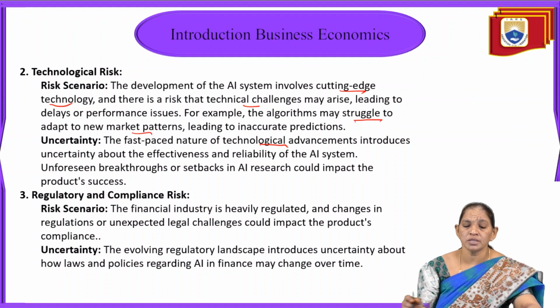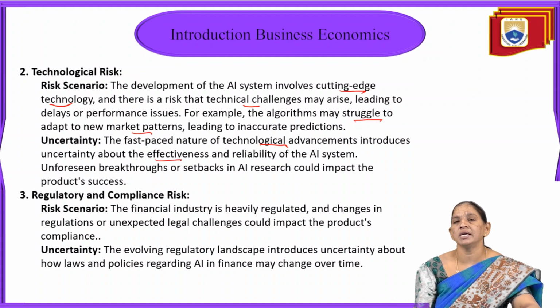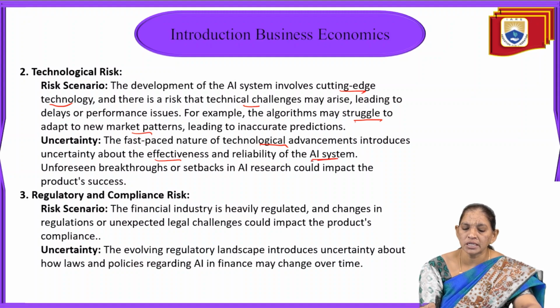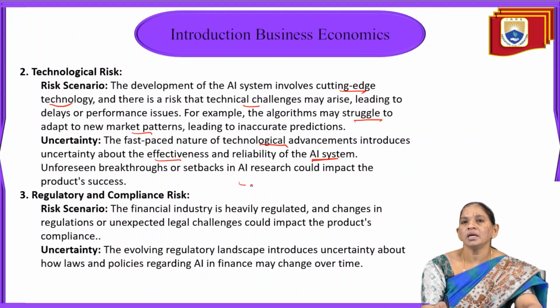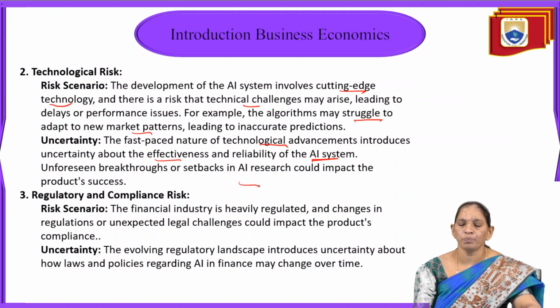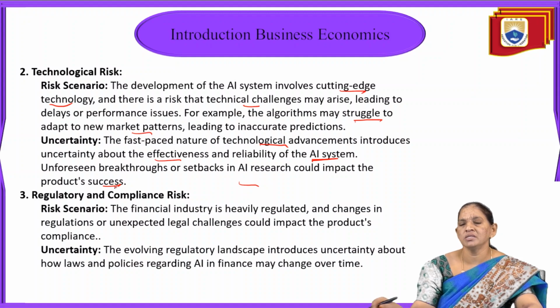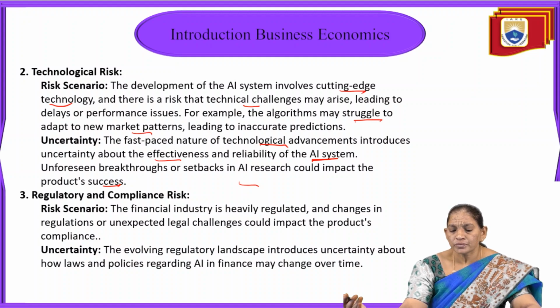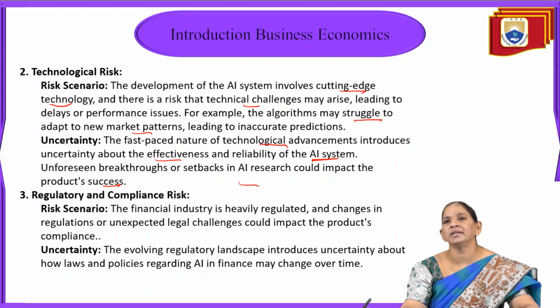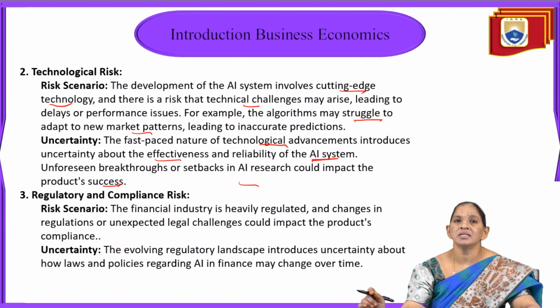When you introduce uncertainty about the effectiveness and reliability of an artificial intelligence system, unforeseen breakdowns or setbacks in AI research have a broader impact upon product success. Technological advances that may not be considered in the real world may be affected by unforeseen issues, and automatically this will affect the success of the development of this new product.